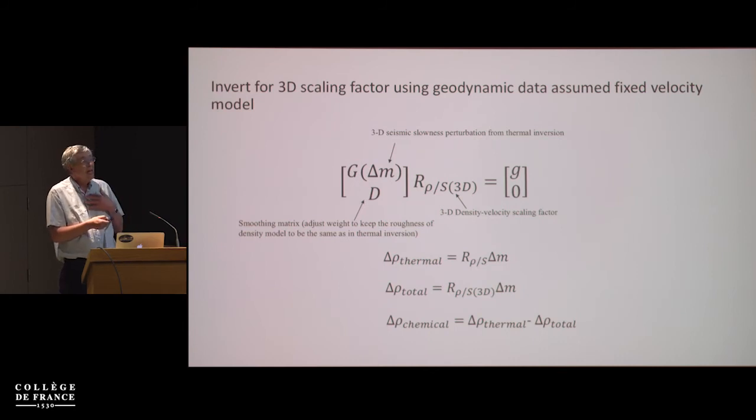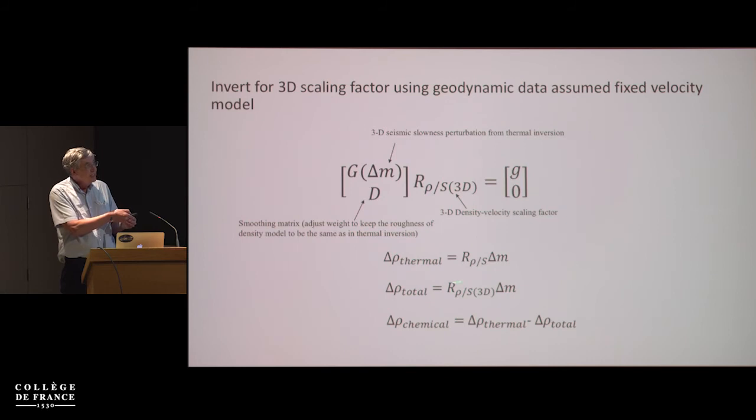So what we're looking at is, we're changing that scaling factor between density and seismic velocity to better fit the geodynamic data. And we call that the chemical density anomalies. It's not necessarily a difference in chemistry. It could be a difference in the linear relation between seismic velocity and temperature. But in any case, that's what we do. We find a new or an additional density anomaly to better fit the geodynamic data.